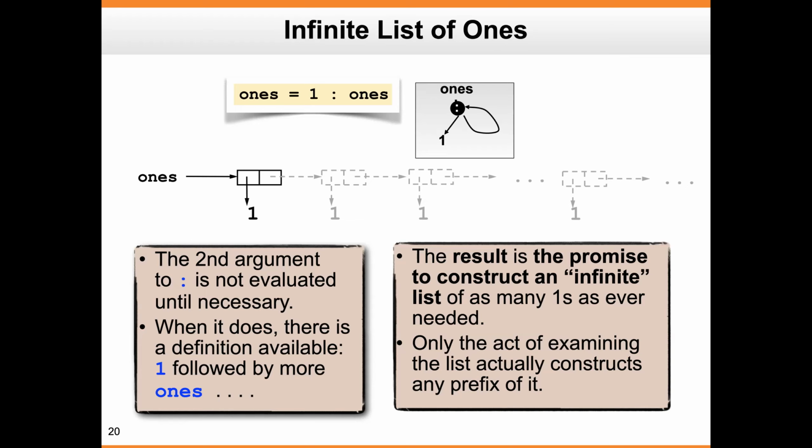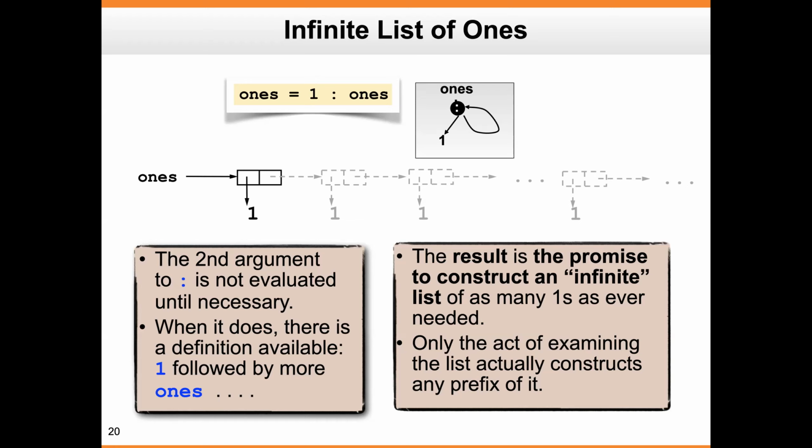In a language like Java or Scala, you cannot write such a very declarative definition of an infinite list of ones, which says I have a 1 and then as many ones as I need, because we have this recursive definition. So when I try to evaluate the ones on the right-hand side of the equal sign, it will say it's not defined.